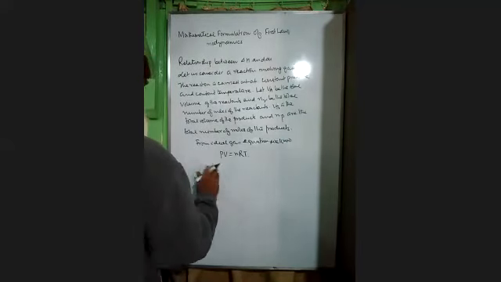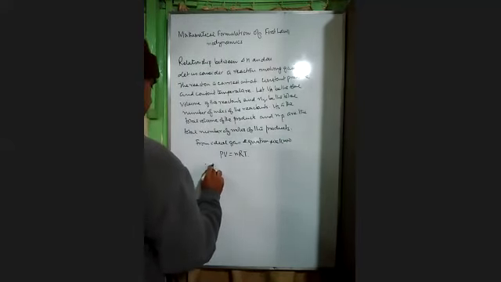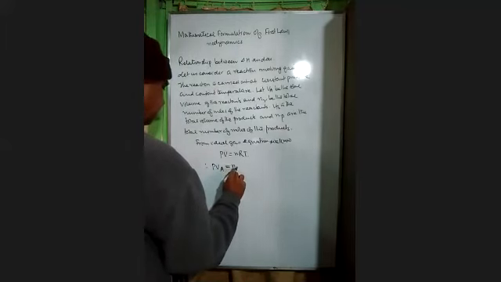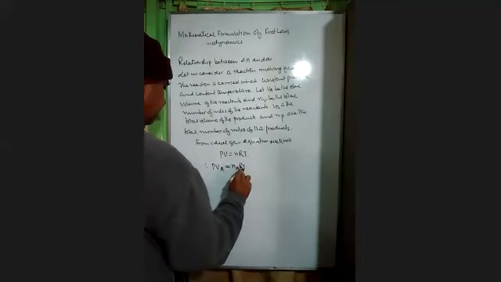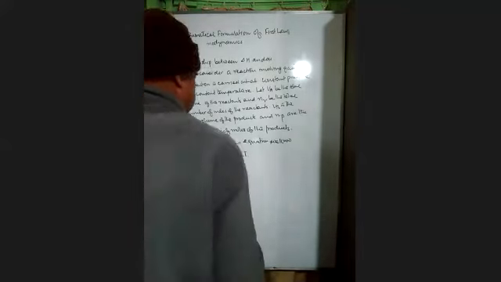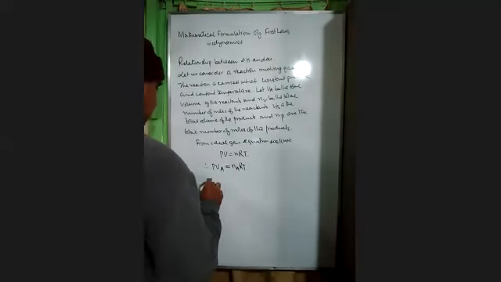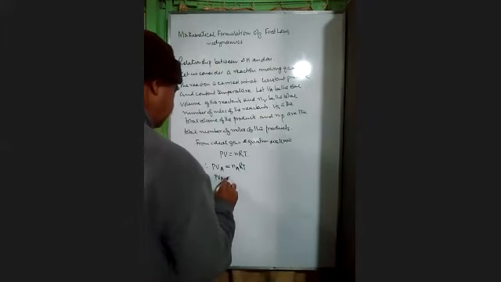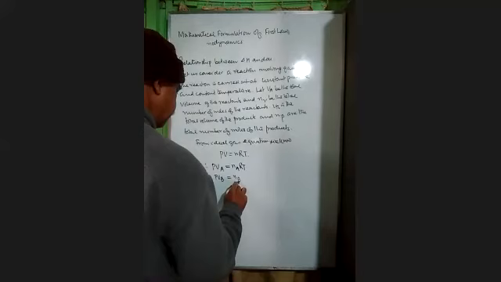Therefore, PV_A is equal to n_A RT, V is the volume and n the number of moles. And PV_B is equal to n_B RT.